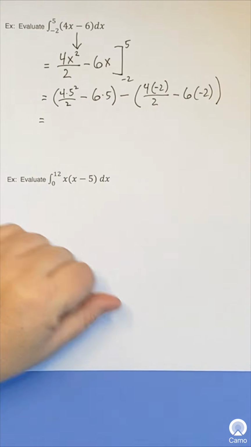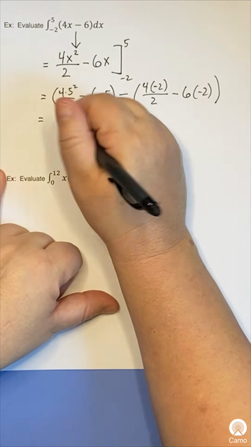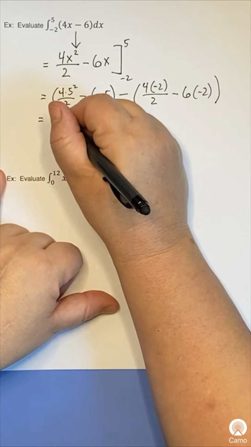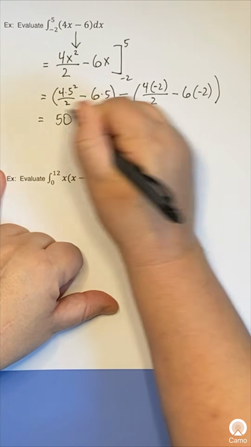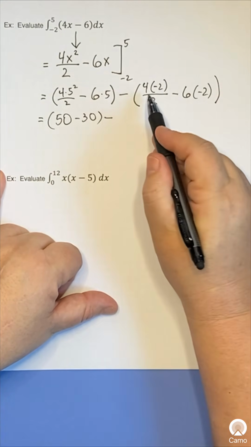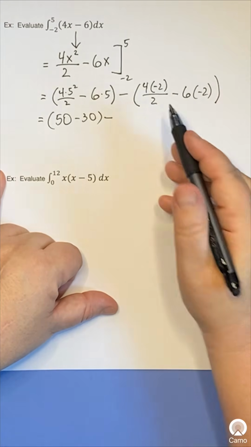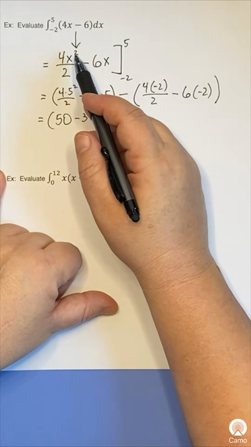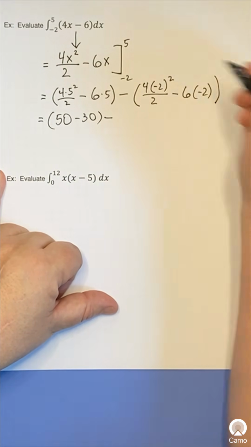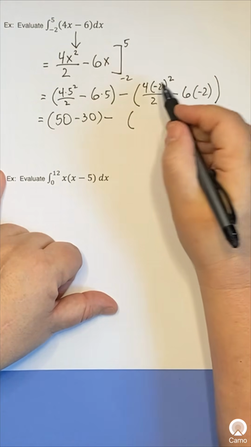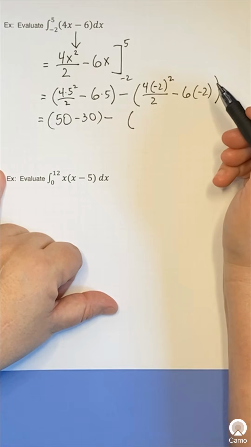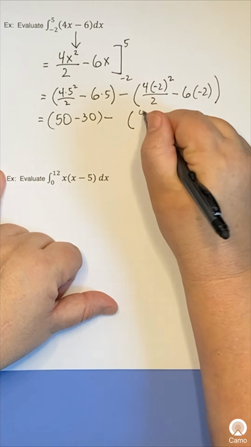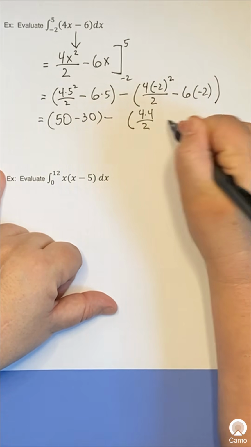Okay, so let's calculate. 4 times 25 over 2 is 100 over 2. It's 50 minus 30 minus, okay. Oh, I left something out. Do you see what I'm missing? I left out the squared. Sorry about that. So over here, I've got 4 times the quantity -2 squared. -2 squared is 4. So it's 4 times 4 all over 2.